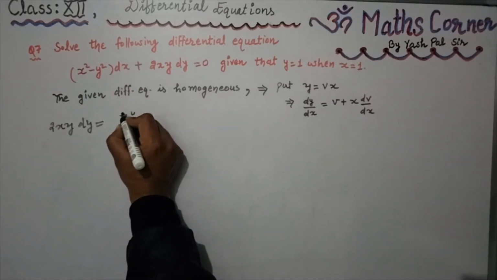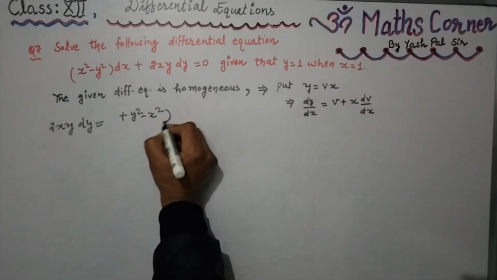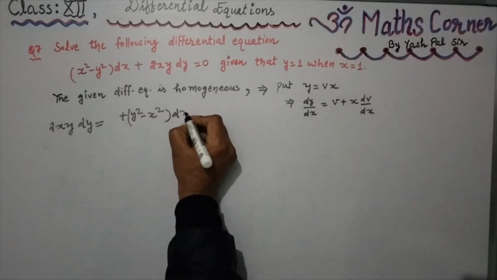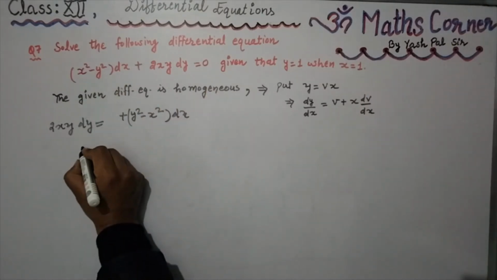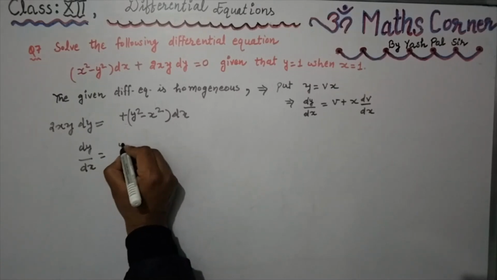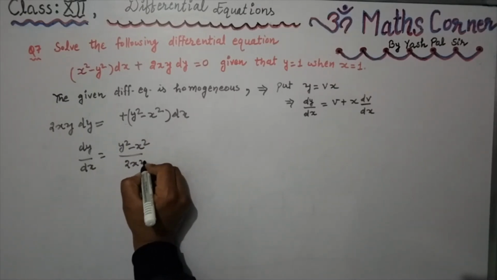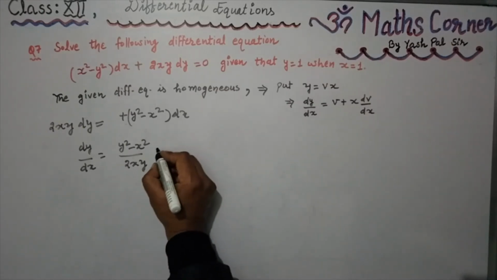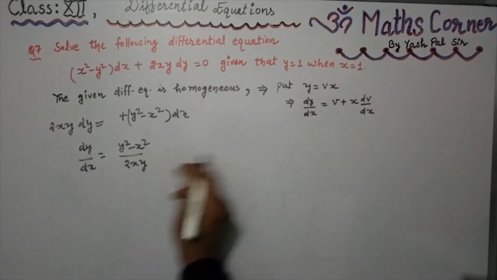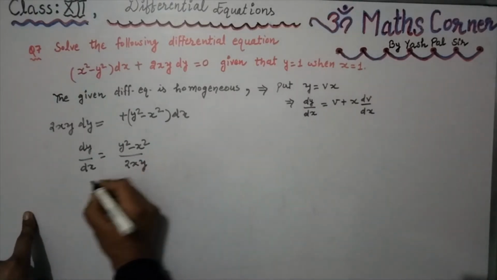That is, we write 2 into xy into dy is equal to y square minus x square into dx. So dy upon dx is equal to y square minus x square upon 2xy.